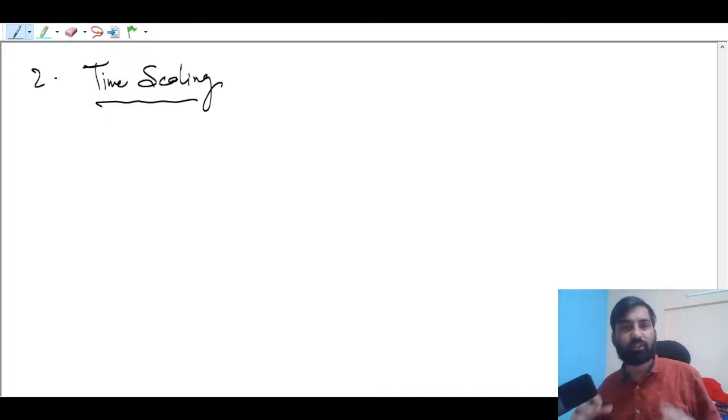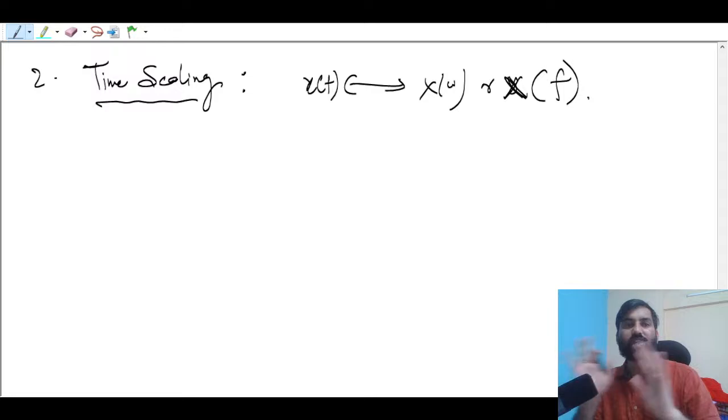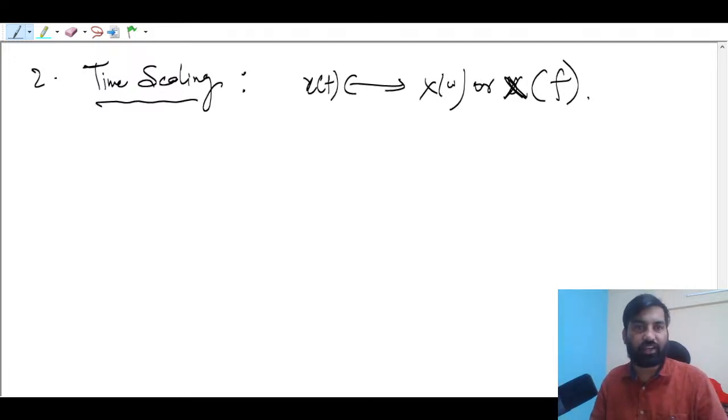ठीक है, तो आपको बस एक बार देख लेना है ये क्या है। तो मान लो तुम्हारे पास टाइम स्केलिंग का मतलब क्या है। Suppose you have got x of t with Fourier transform x of omega, and you can say x of f. Now please don't get confused between f and omega, it's very simple. So if I write x of alpha t, what is the Fourier transform of this?